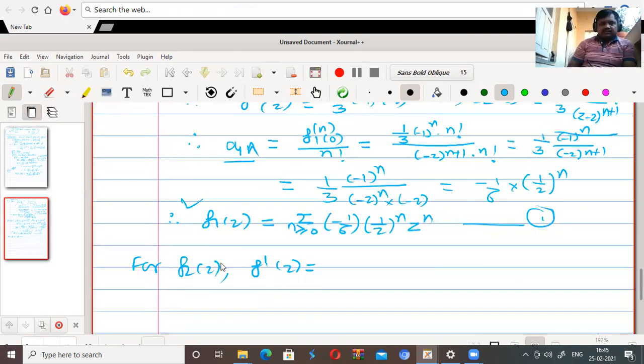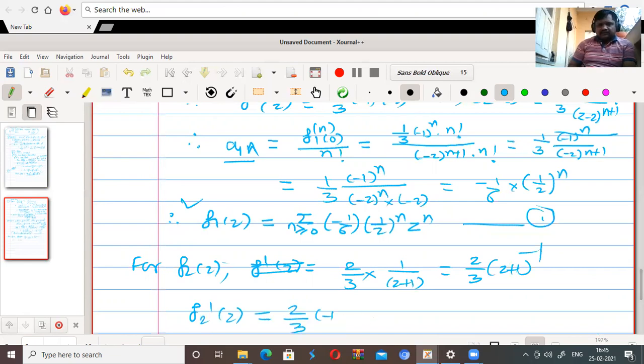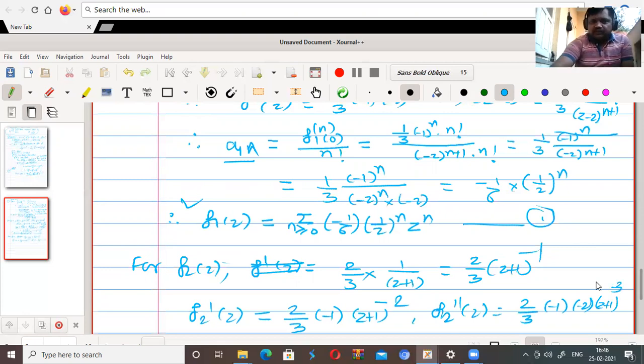So f2 of z is nothing but 2 by 3 into 1 upon z plus 1, that is 2 by 3 into (z plus 1) to the power minus 1. So what is f2 dash at z? It is equal to 2 by 3 into minus 1 into (z plus 1) to the power minus 2. f2 double dash at z is 2 by 3 as it is, into minus 1, minus 2, into (z plus 1) to the power minus 3, and so on.